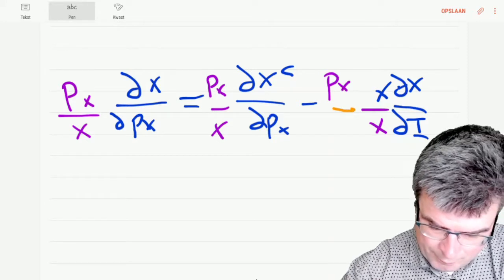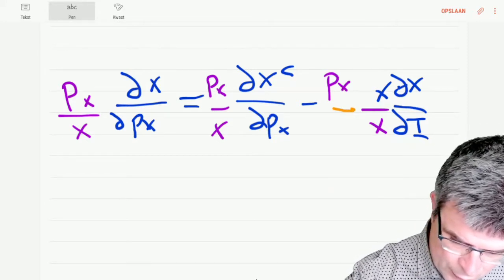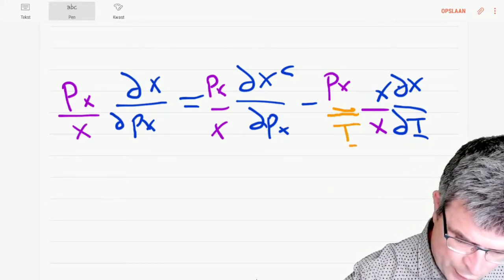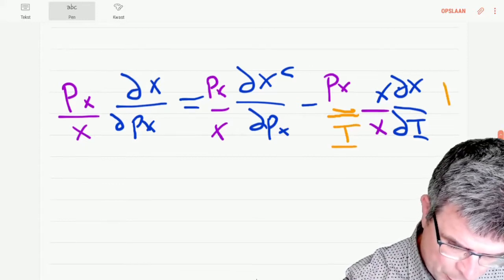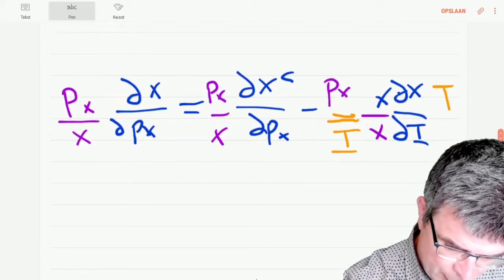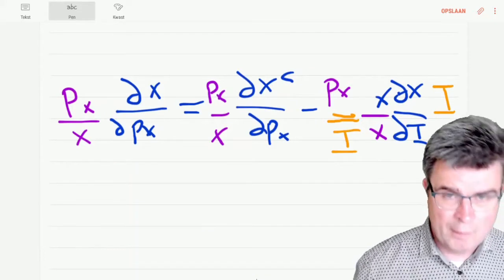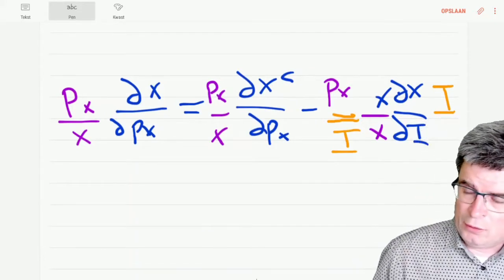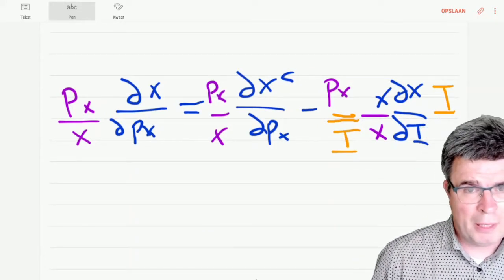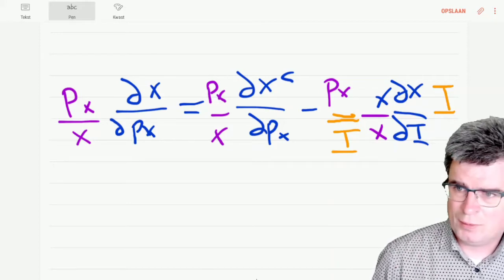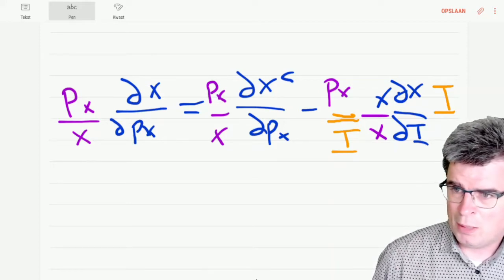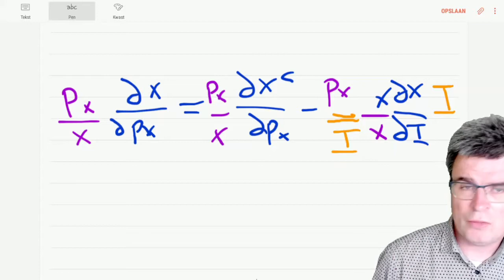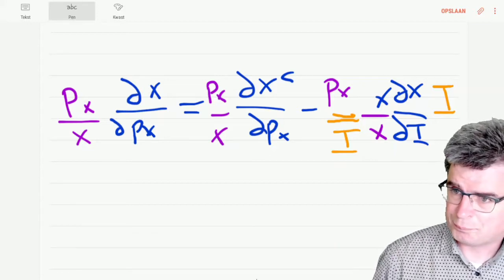I divide by y and at the same time I multiply by I. So in total nothing happened. It's just multiplying by 1, if you multiply by y and divide by I at the same time.